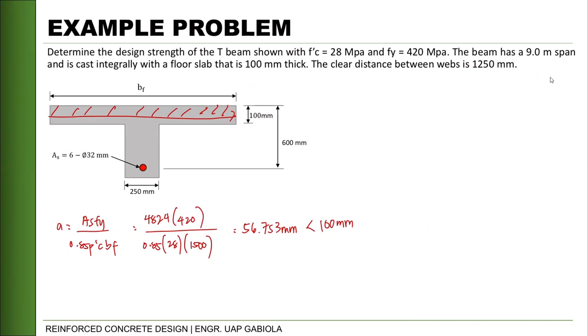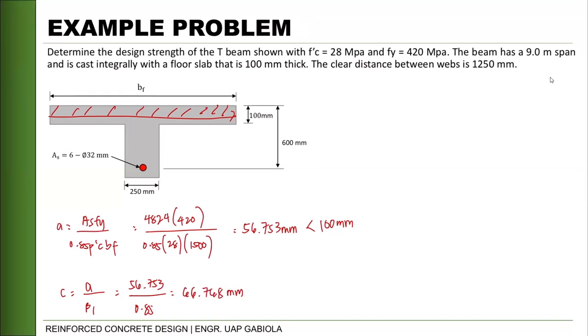Okay? Then we calculate for C. C is A over beta 1. And for 28 MPa, beta 1 natin is just 0.85. So 56.753 all over 0.85. So we have 66.768 mm.